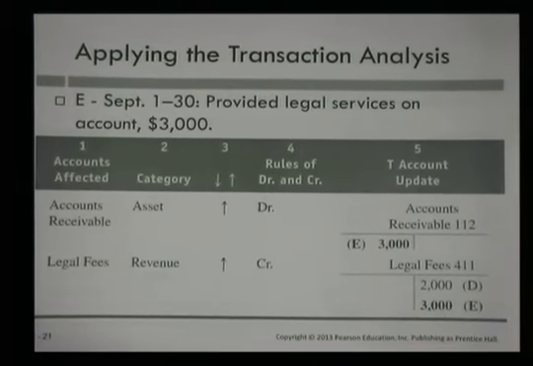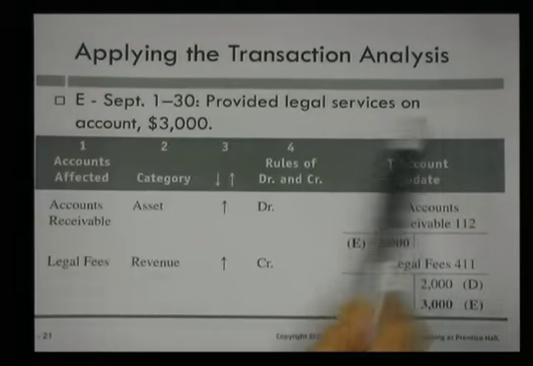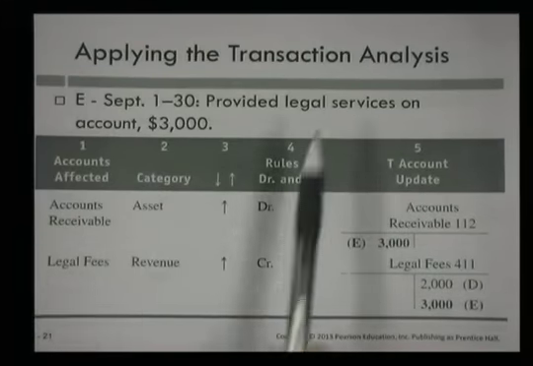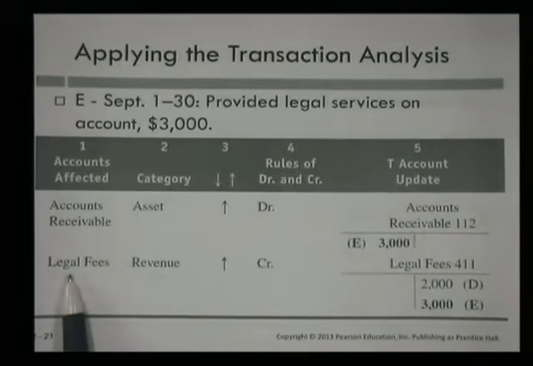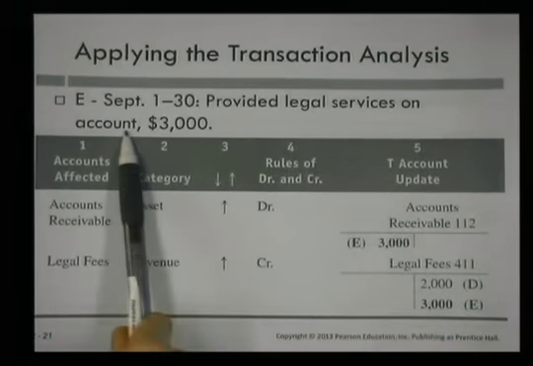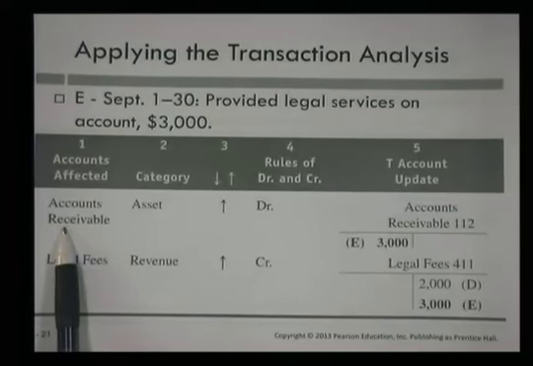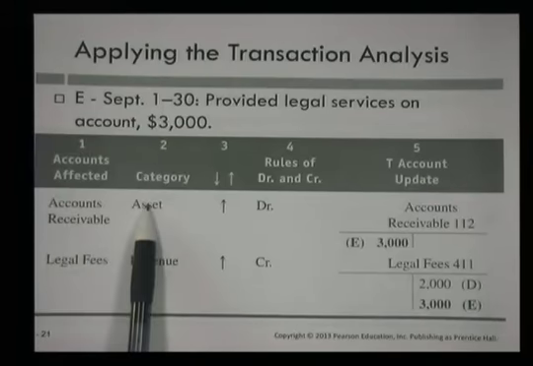Transaction E. Here I have provided legal services on account, $3,000. So I have my legal services, which is legal fees, but I didn't receive the money, but I'm going to receive it in the future. So that becomes accounts receivable from our customers. We're going to receive money in the future. Accounts receivable is an asset.